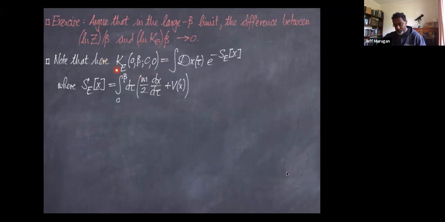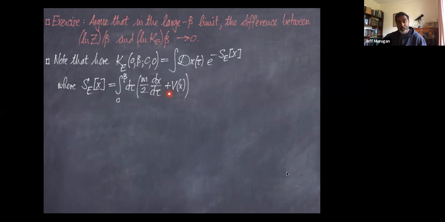K_E, the Euclidean path integral, goes from the ground state at time t equals 0 to the ground state again at a later Euclidean time beta. And this was given by the path integral of the Euclidean action. So this path integral is weighted by e to the minus S_E, where S_E is the integral from 0 to beta of m over 2 (dx/d tau) squared, plus some potential.